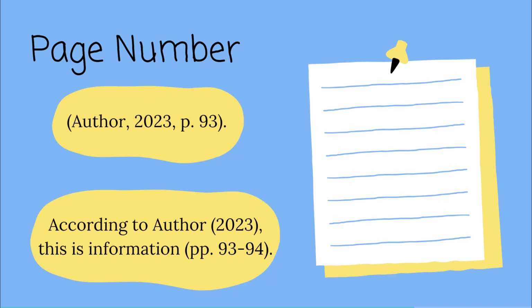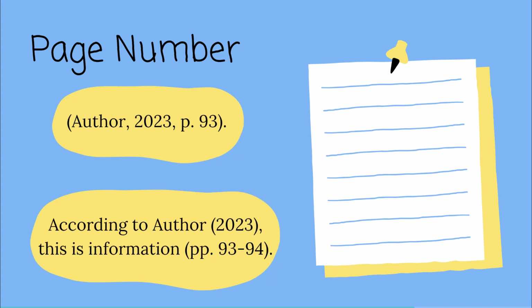For example, author's last name, comma, year of publication, comma, and then a lowercase p followed by a period to represent the word page, a space, and then the number of the page. If you say the author's last name in the sentence, you will put the year of publication in parentheses directly after the author's last name, and then you will put the page number information at the very end of the sentence.